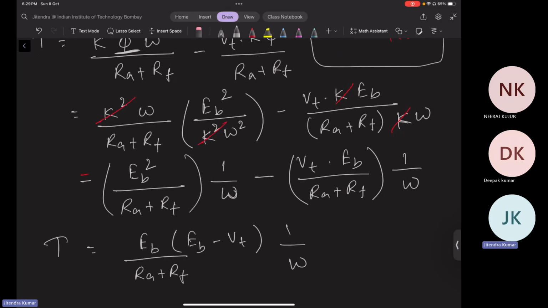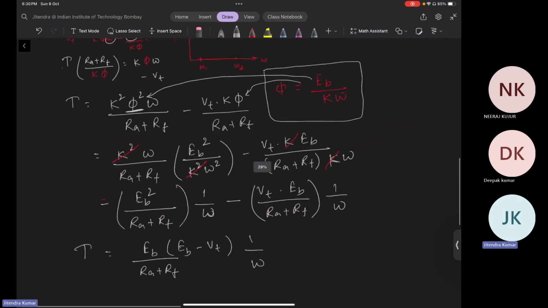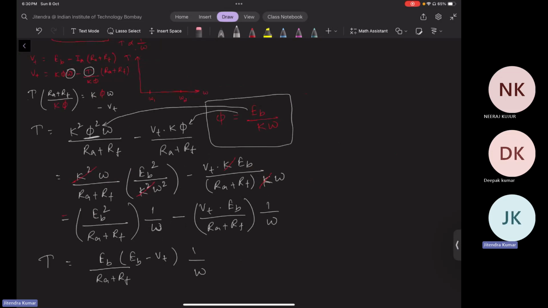So here torque is inversely proportional to speed. When your speed is zero, at that time your torque can become infinite. So that's why the starting torque is very high in the DC motor. So you were referring to this term only, right? Yes, sir. So are you convinced from this derivation?